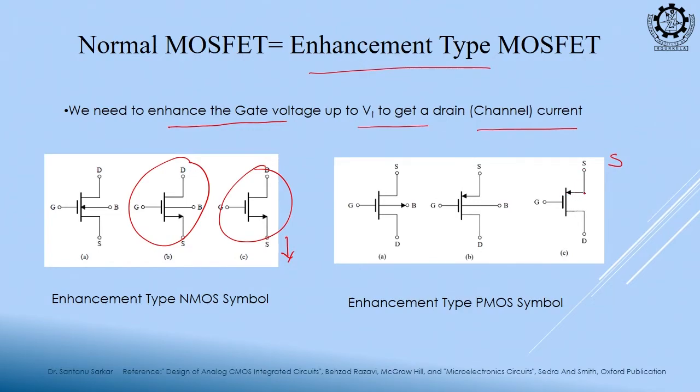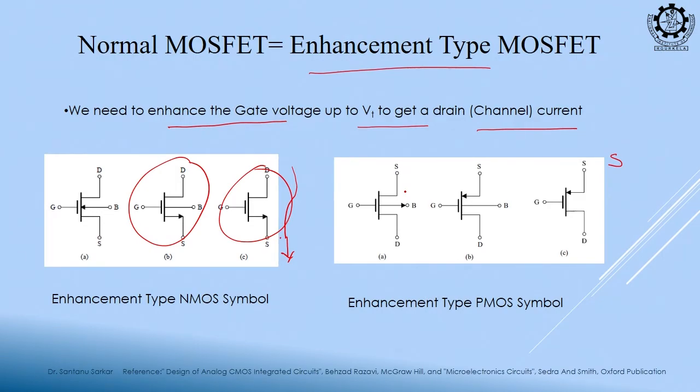This direction of arrow is from source to the channel, and this direction is channel to the source. Why? Our electron is flowing from source to drain, but direction of current is from drain to source. And here our majority carriers are holes, right. Here, when the channel is inverted, electrons take part in carrying the current, right. Here holes will take part in carrying the current.